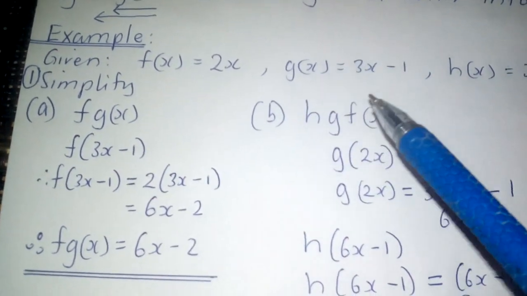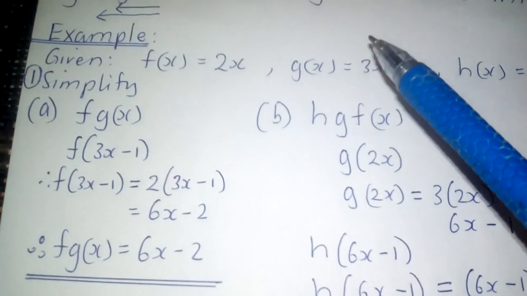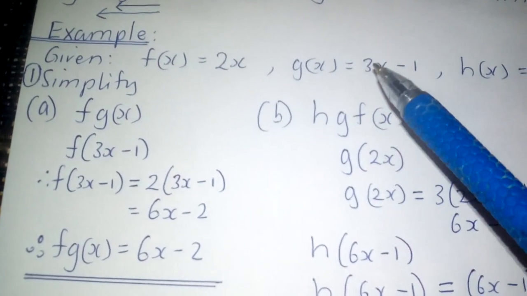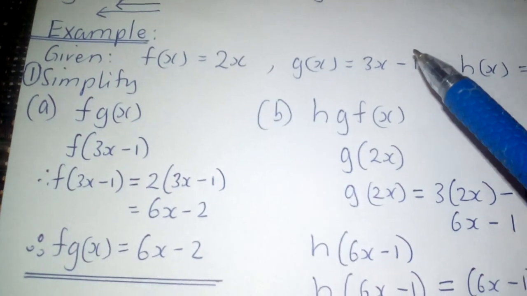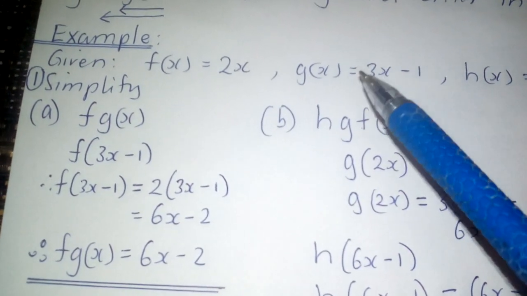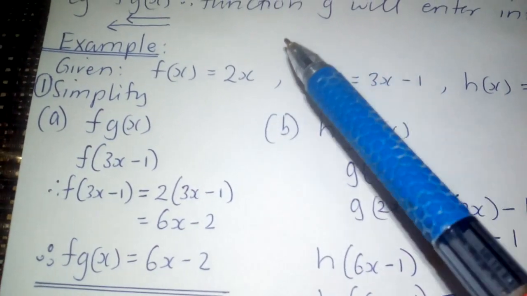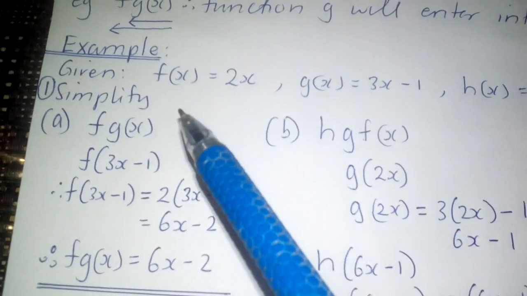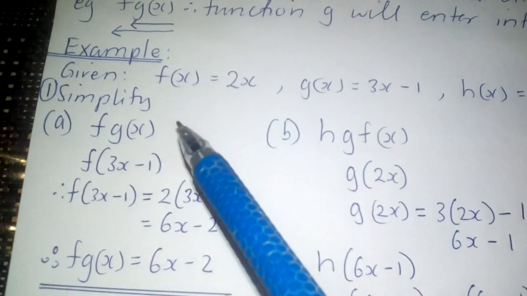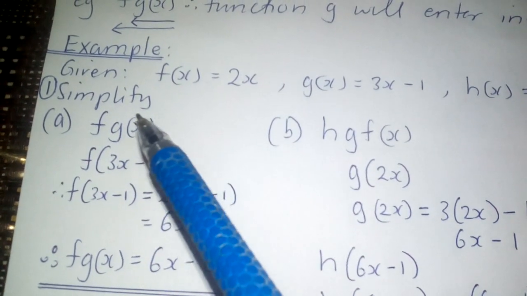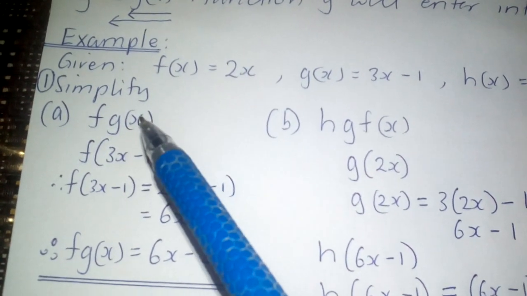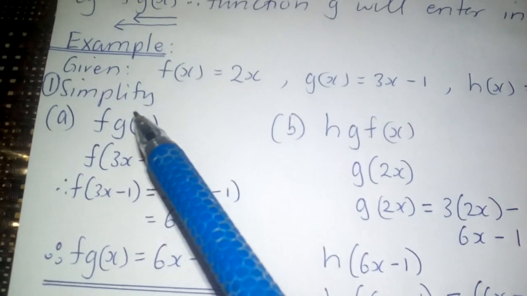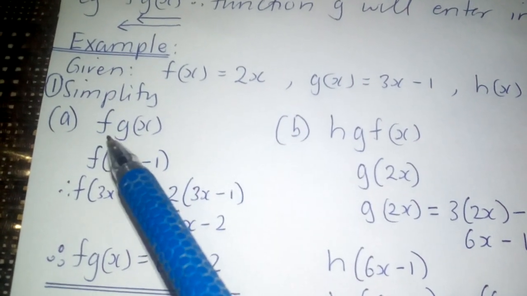Remember, our function of g is 3x minus 1. So 3x minus 1, all of it will have to enter inside the function of f. Why? Because g is the closest to x. So we have to deal first with g. Hence, the answer for g will enter inside f.